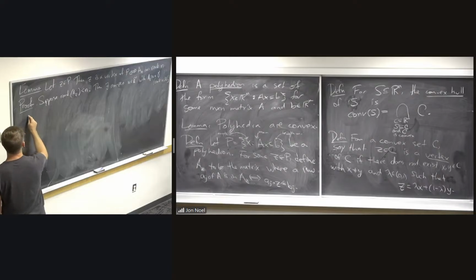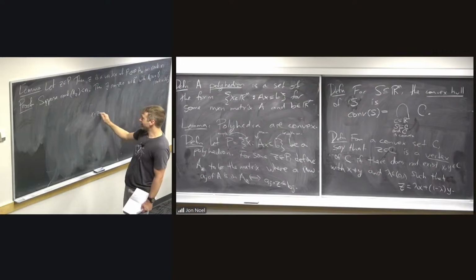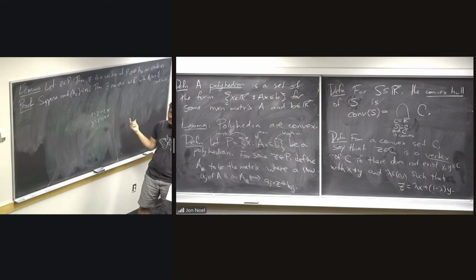What I want to do is make my x equal to z plus epsilon w, and my y equal to z minus epsilon w for some very small epsilon. I need to be a bit careful, because I need to show that these are in the polytope.